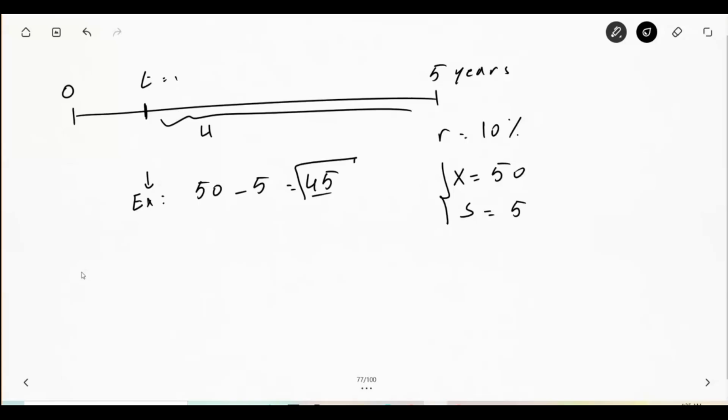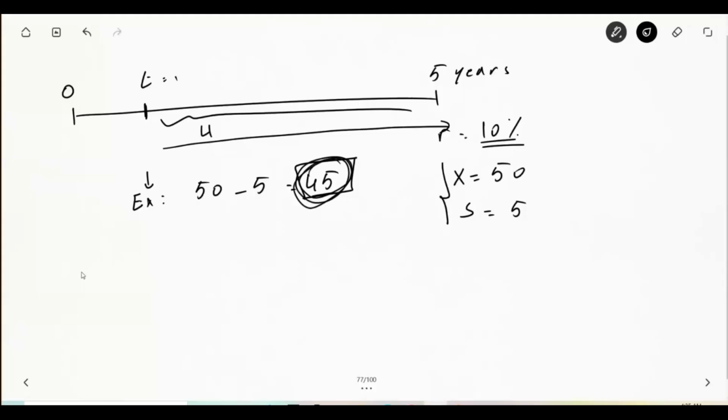Now this $45 can be invested over a 4 year period at 10% annual rate. So if I'm able to get that payoff now, this can grow.